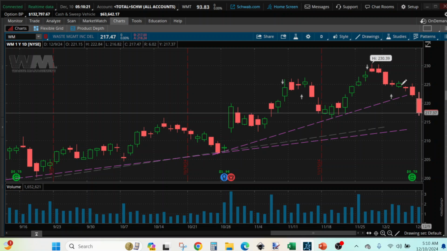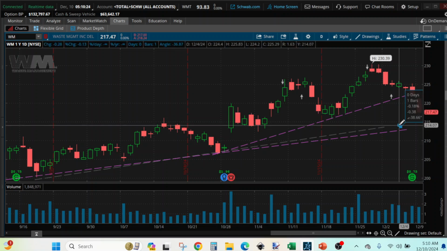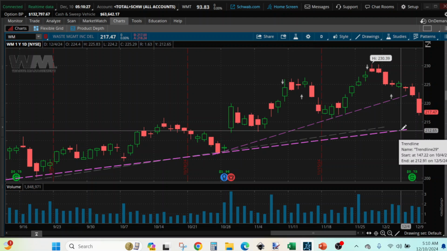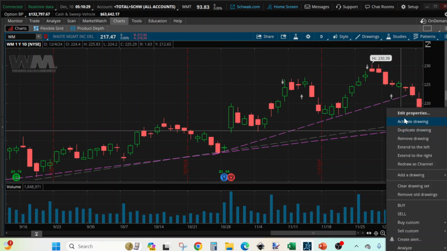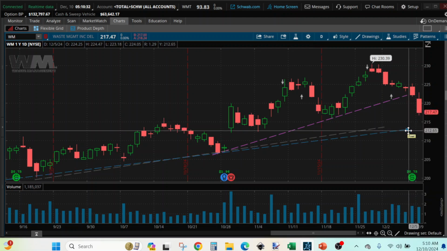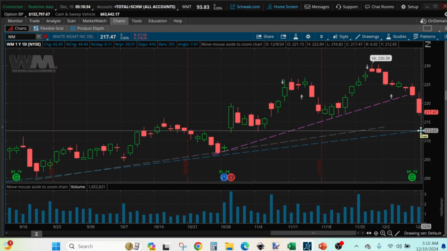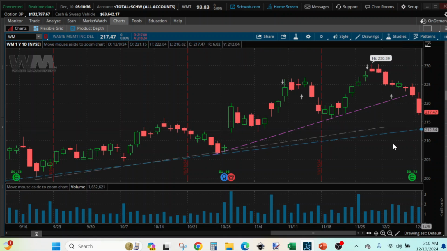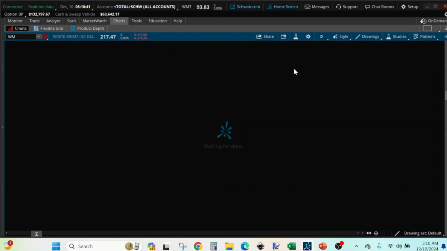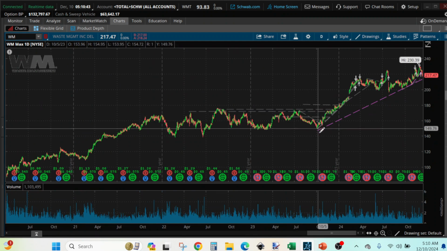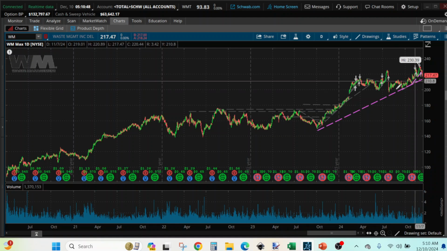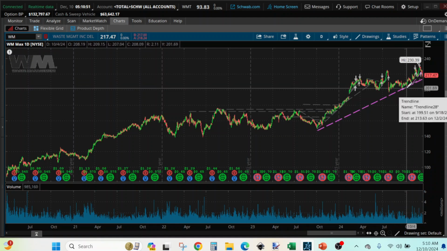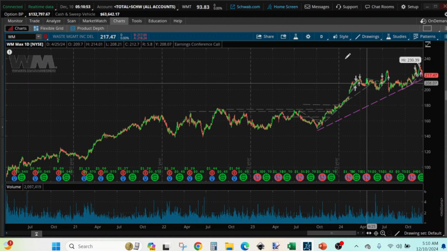So in this instance, I would say it is aiming for this line. Okay, and we can do maximum 1 year, and this line is the 10, so it's coming to this line here, and that will be a good line to buy on.